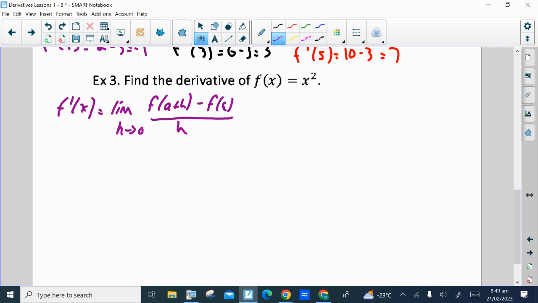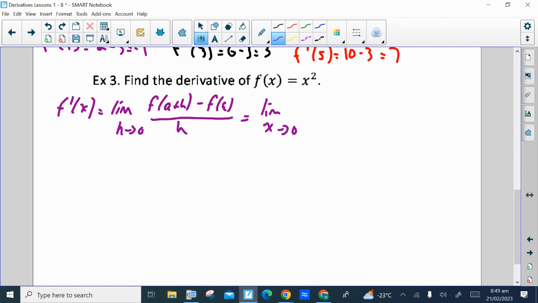And in this case, I'm going to change the variable to x. So wherever I see an h, I'm going to replace it with an x, because that is the variable in the equation. I don't have to. I can do it like I did the previous one, keep the h there to the very end, and then sub the x in after. It doesn't matter. So in this case, I'm just going to change the variable to x. So wherever we see h, we replace it with x.